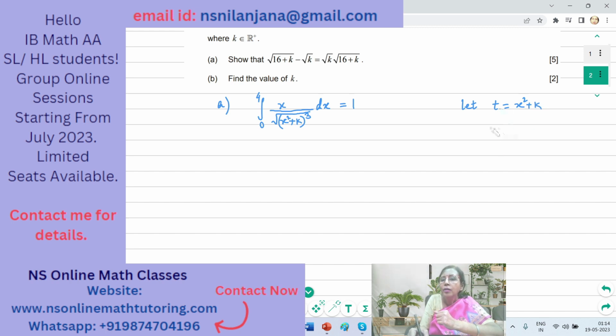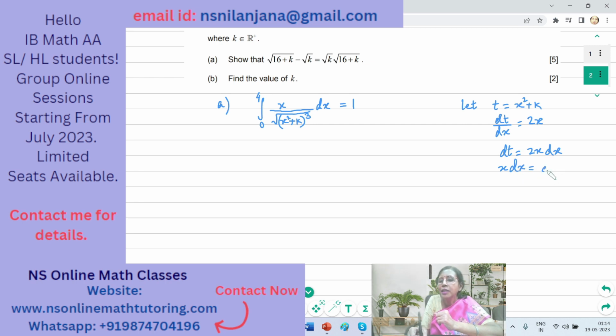So dt by dx will be equal to 2x, or dt will be equal to 2x dx. But in the numerator, I have only x dx, I do not have 2x dx. So let us get the expression for x dx.